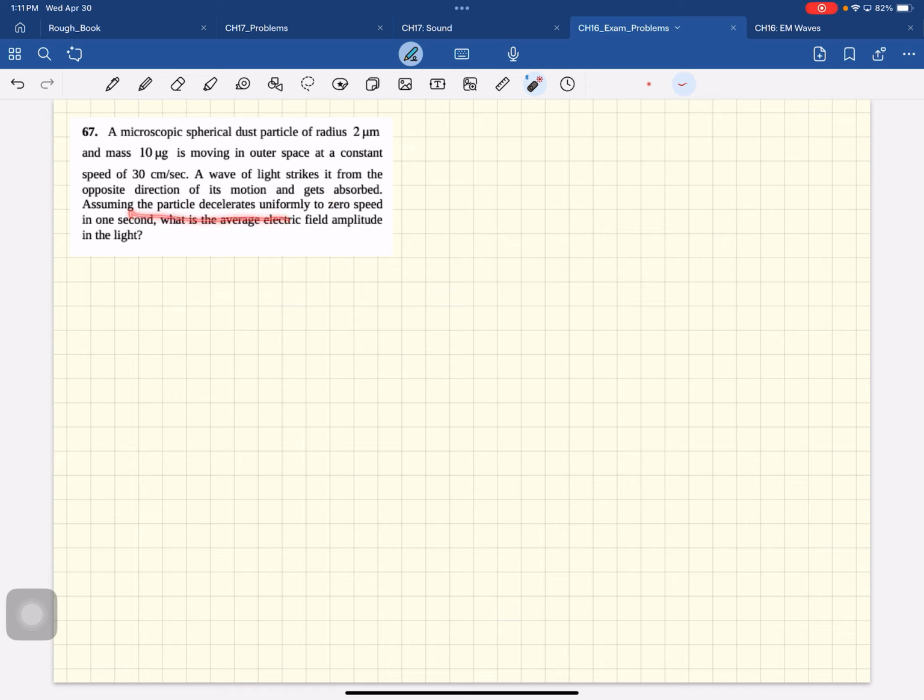Assuming the particle decelerates uniformly to zero speed in 1 second, what is the average electric field amplitude in the light? So here's a beam of light hitting this dust particle that was going at 30 centimeters per second. And this beam of light is going to stop it in 1 second.